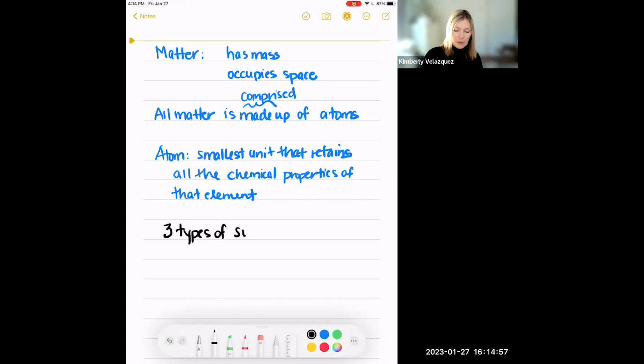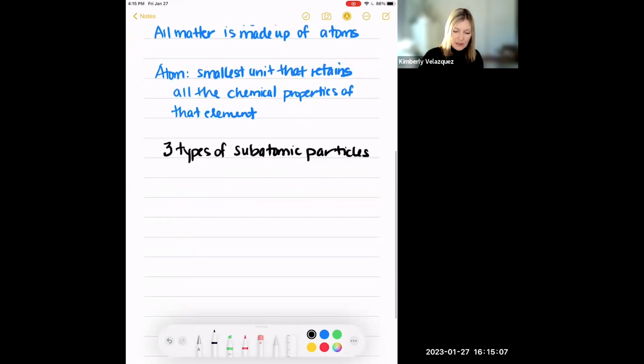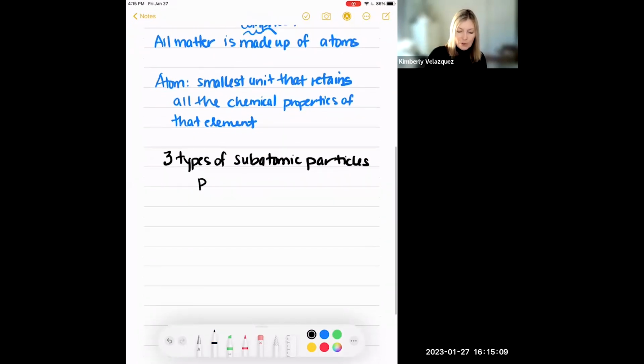And these are the particles that make up the atom. So if you broke it down to smaller than the atom, you're looking at subatomic particles. Those are going to be what we call protons, neutrons, and electrons. Those are the 3 we're going to talk about today.